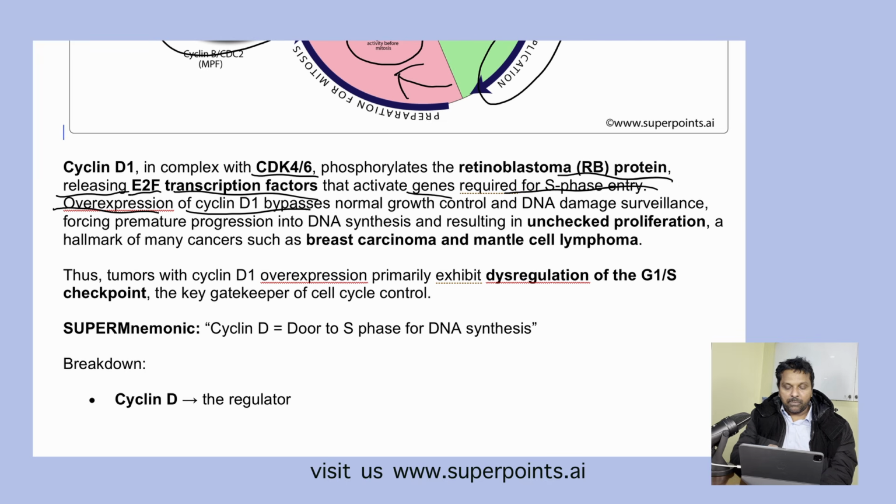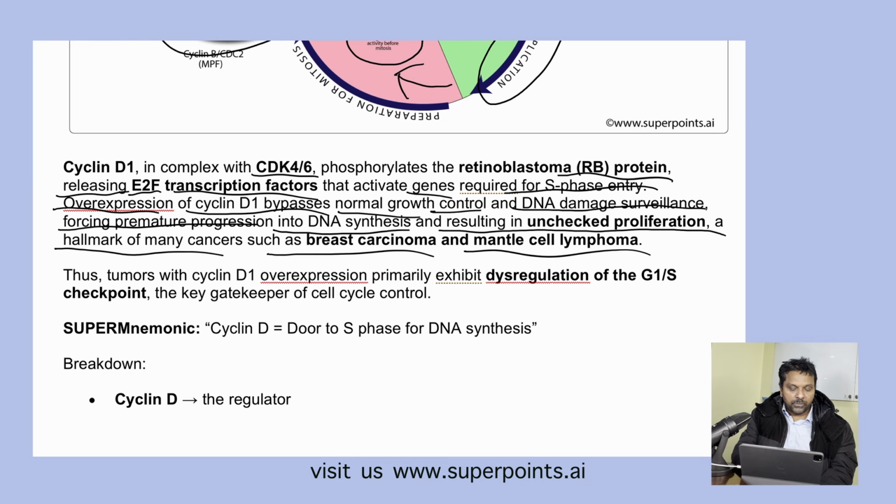Overexpression of cyclin D1 bypasses normal growth control and DNA damage surveillance, forcing premature progression into DNA synthesis and resulting in unchecked proliferation, a hallmark of many cancers such as breast carcinoma and mantle cell lymphoma. Thus, tumors with cyclin D1 overexpression primarily exhibit dysregulation of the G1/S checkpoint, the key gatekeeper of cell cycle control.